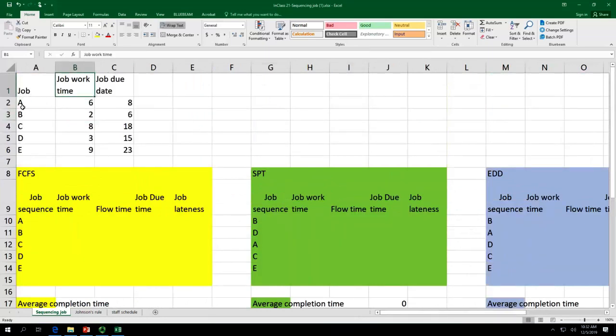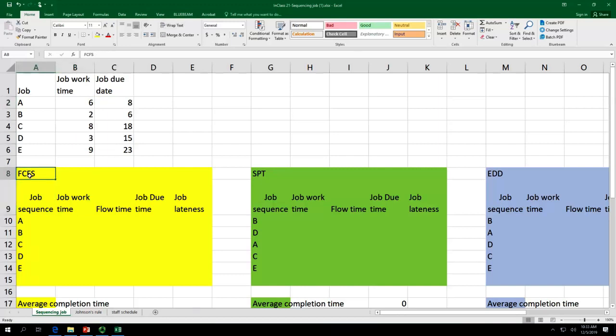We have jobs A, B, C, D, E, and the work processing time is 6, 2, 8, 3, 9, in hours or days. This is the real time you need to finish A through E. The job due time is, if you need 6 days to finish, it is due 2 days later.